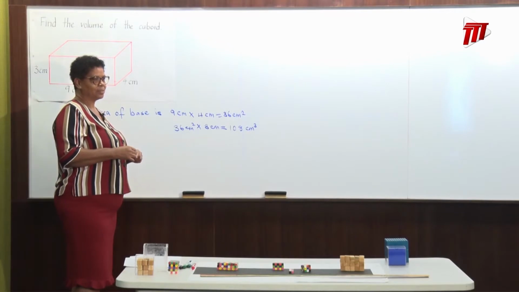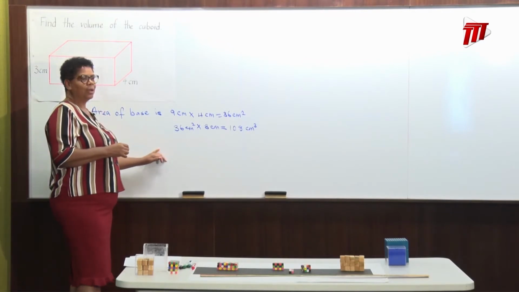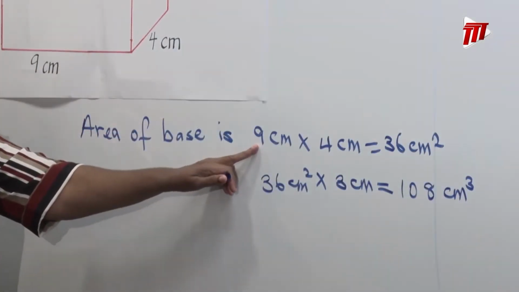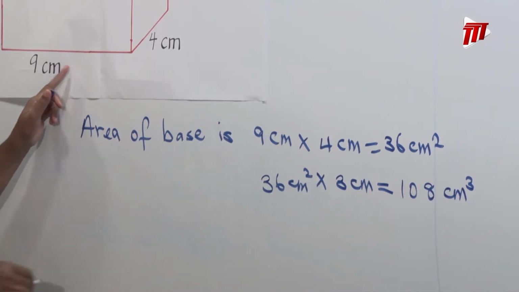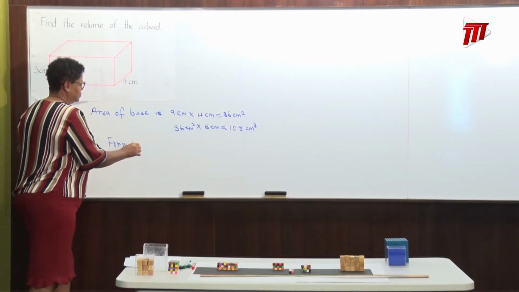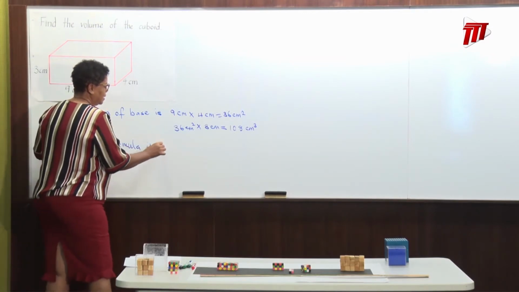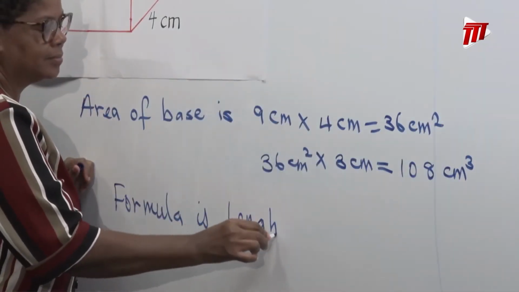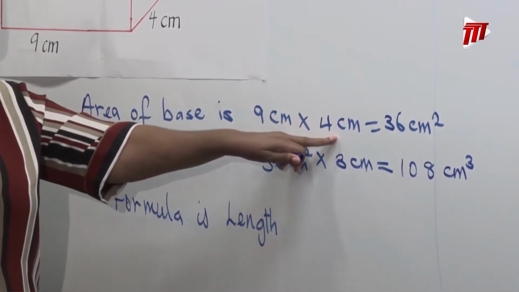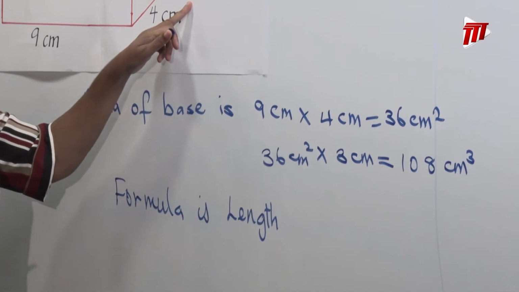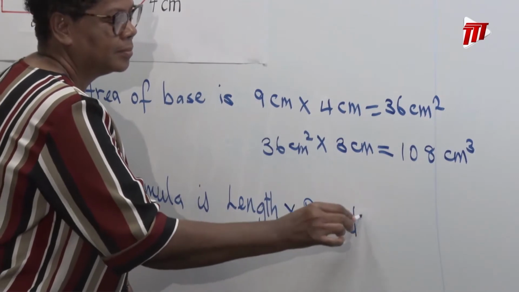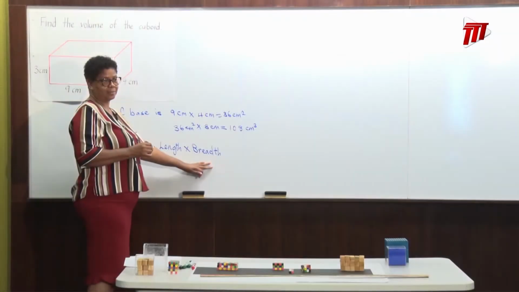because it's 3 dimensions. So we could say that our formula for finding the volume is 9 centimeters, which represent our length. So the formula is length multiplied by 4 centimeters, which was our breadth, or width.